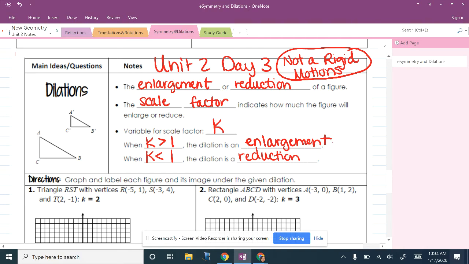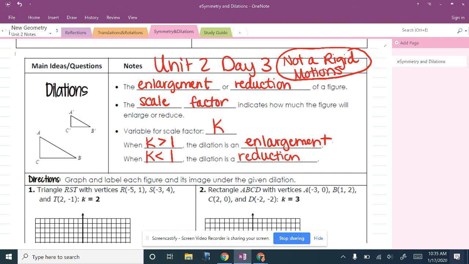It's going to shrink or reduce. So what kind of numbers are less than 1 besides negatives? I'm not talking about negatives because your K will never be negative. Fractions that are smaller than 1. Can a fraction be larger than 1? It's actually an improper fraction, right? So yes, you can have numbers greater than 1 that are fractions, and those would be in the form of an improper fraction. So an improper fraction would be an enlargement.